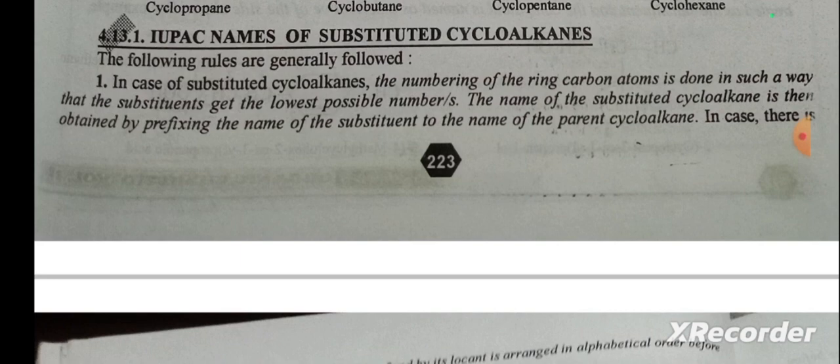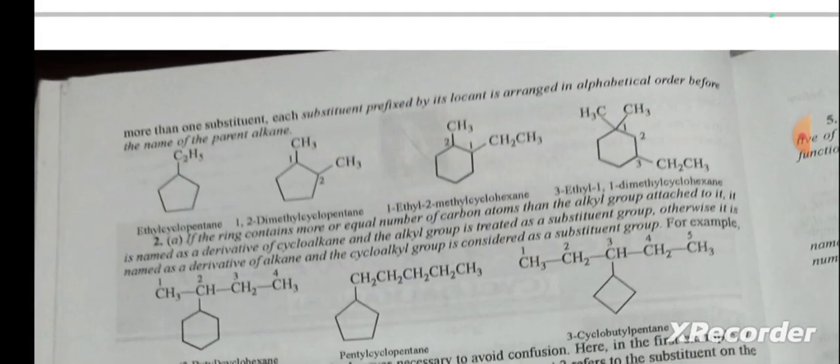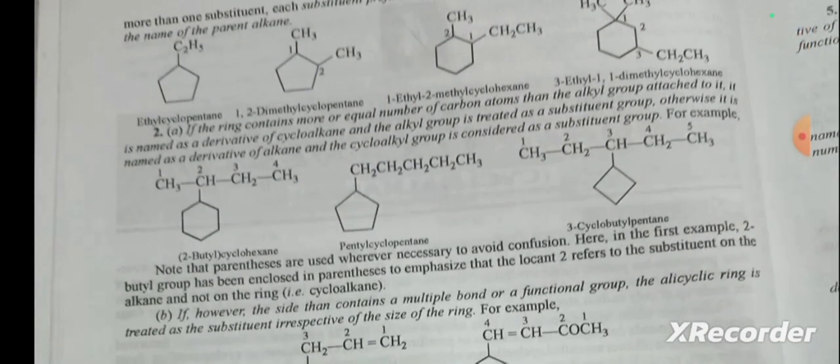In case there is more than one substituent, each substituent prefixed by its locant is arranged in alphabetical order before the name of the parent alkane. For example, ethylcyclopentane, 1,2-dimethylcyclopentane, 1-ethyl-2-methylcyclohexane.